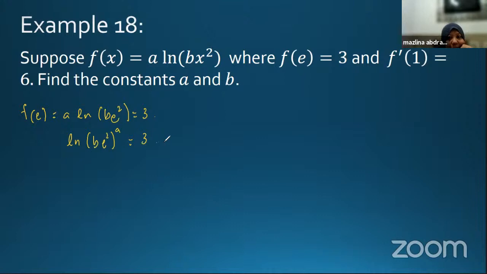Betul? ln, ni log base apa? E. Log base e kan? So it's actually e to the power of 3 is equals to B e square power A. Right? Betul tak?